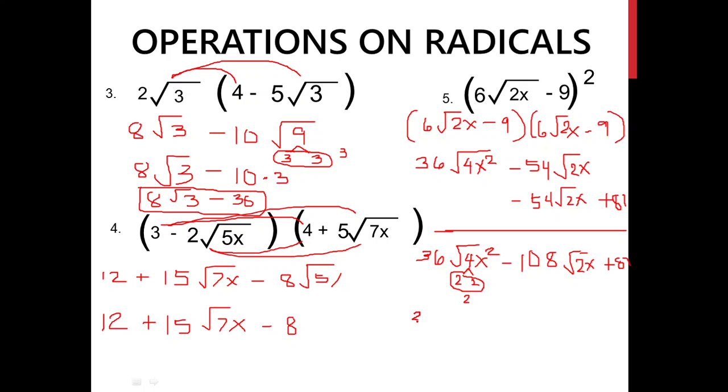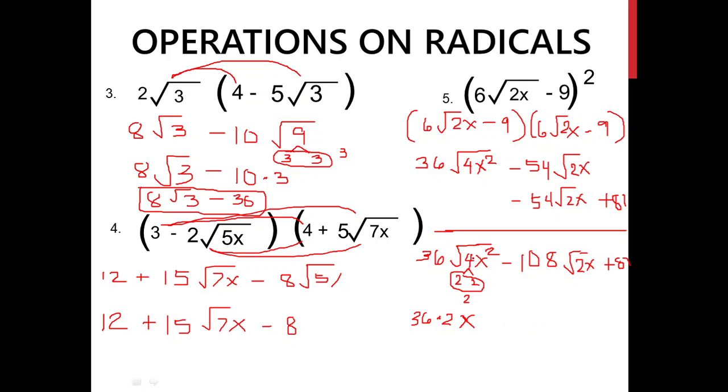So it becomes 36 times this one times 2. And then x here, again, that is x squared. We can divide that one by the index here. It will give us 1, right? 2 divided by 2 here is 1. So you have x. It will go outside the radical sign.